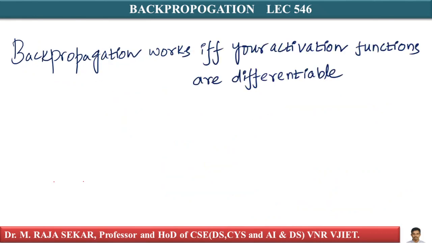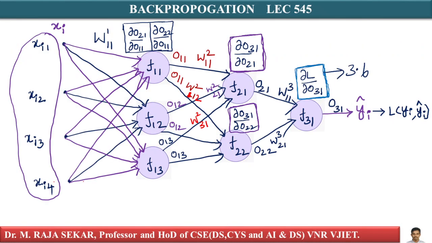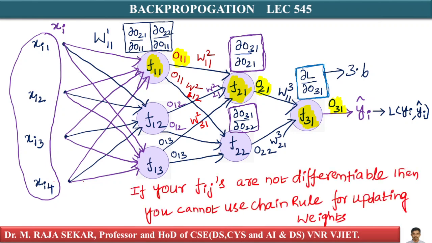Backpropagation works if and only if your activation functions are differentiable. Take this network on which we are discussing frequently. We get the output O31 from the function F31, output O11 from F11, and output O21 from F21.